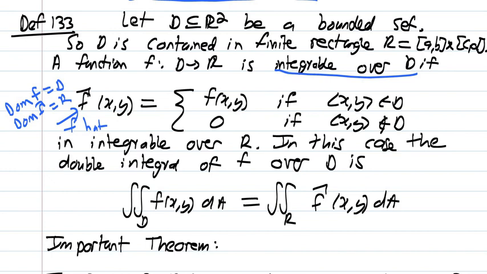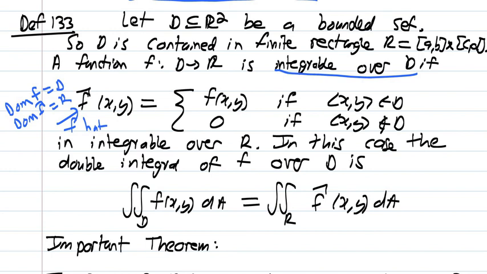And now we just say the following. We say function f is integrable over general region D if and only if the new function f hat is integrable over R. So remember now f hat is a function on a rectangle R, and so now we can use our definition in chapter 5.1 and quickly see, does it work or not?